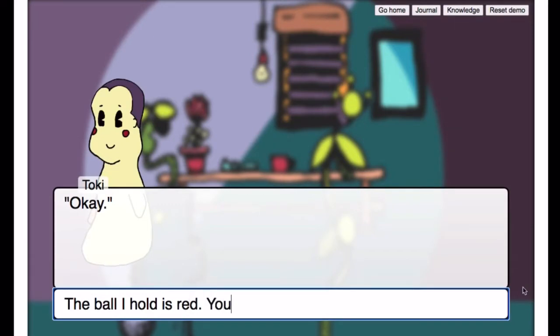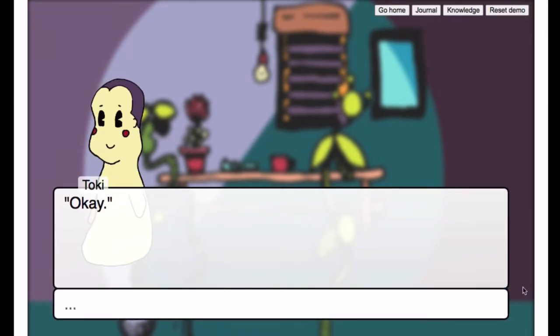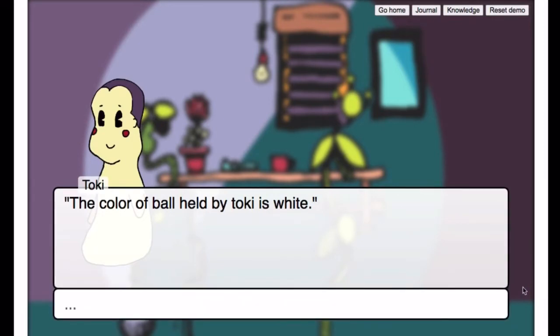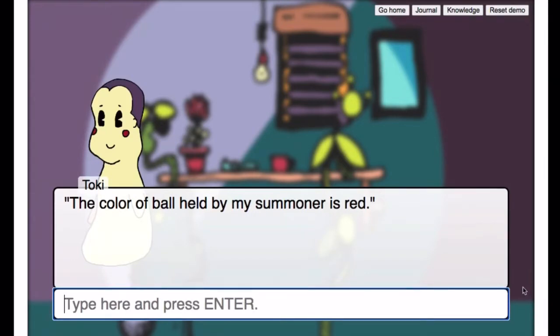And you hold the other one. Okay. So, what is the color of the ball you hold? It's white. Okay. And what is the color of the ball I hold? Yep. Okay.